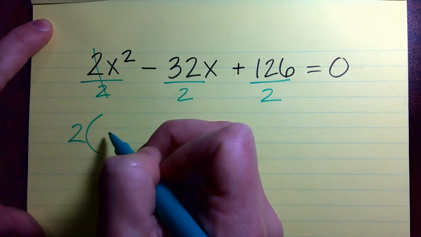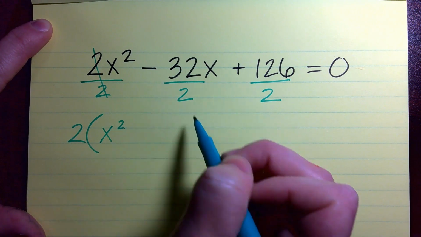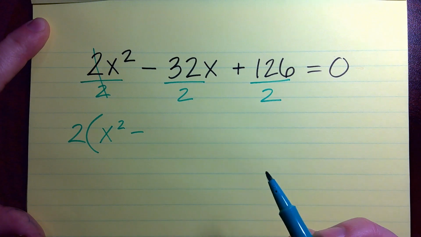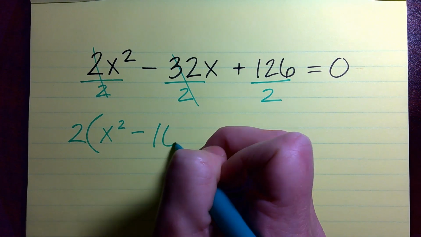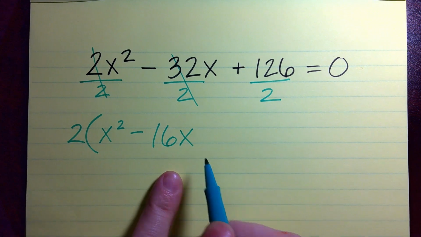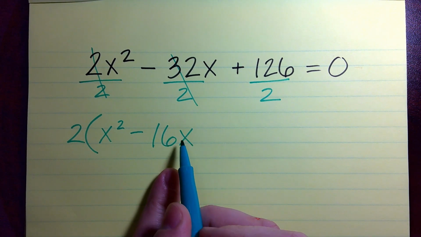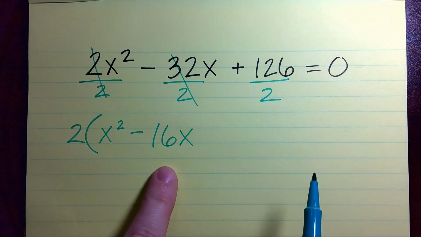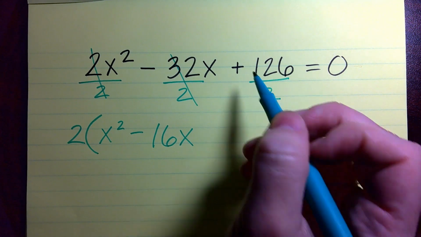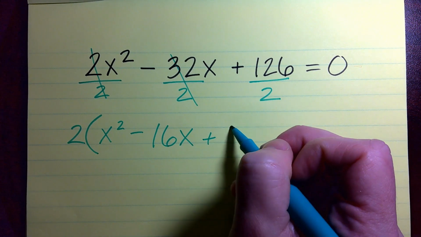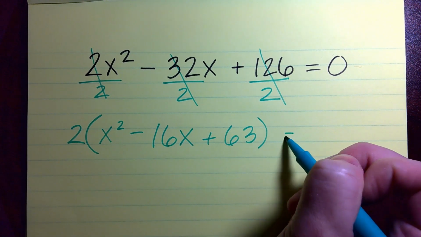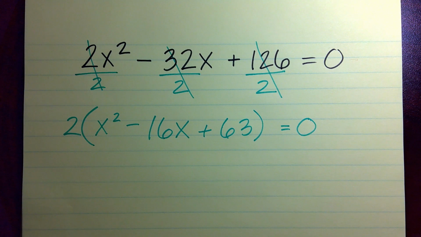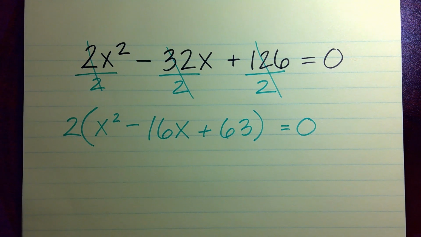X squared minus what? 16. Good, 16x. I saw a lot of you on your quiz forget to write the x on your middle term. Make sure you're writing it. Plus what? 63 equals 0. Okay.